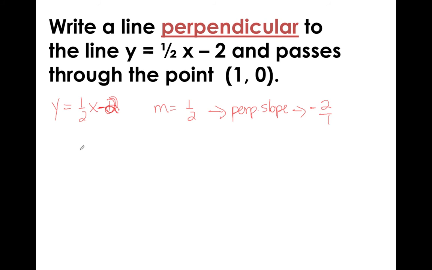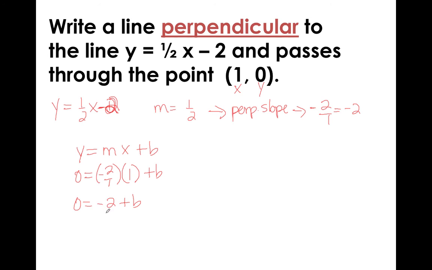I take this and I plug it into my y equals mx plus b equation. And remember, this is my x and this is my y. So I'm going to replace this y with 0. I'll replace this m with this new m, which is -2/1, or I could have just said -2, because remember it means the same thing. My x is 1, and now I'm just solving for b. Well, this gives me 0 is equal to -2 plus b.